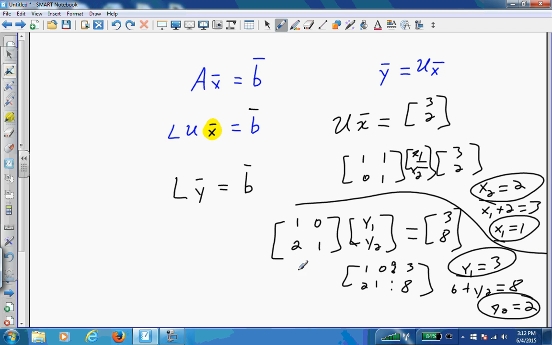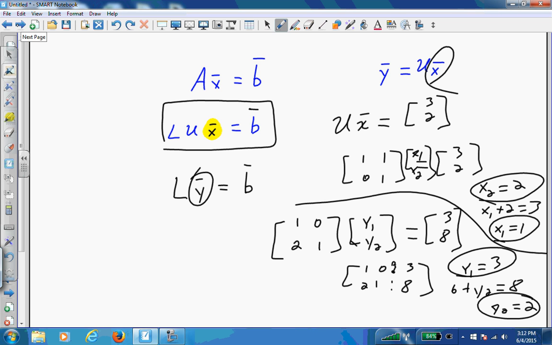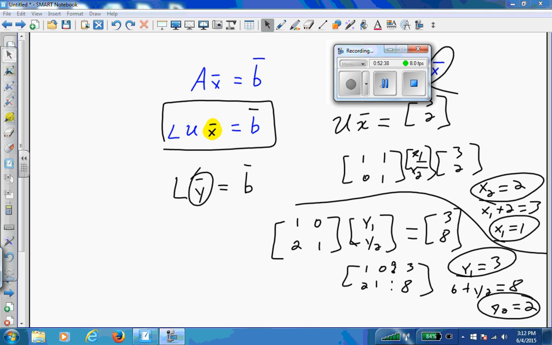But if L and U are something you have readily available, then L and U allow you to use back substitution to get y, and then ultimately to get x. So that's 2.4, I would say in a nutshell, a little less than an hour.